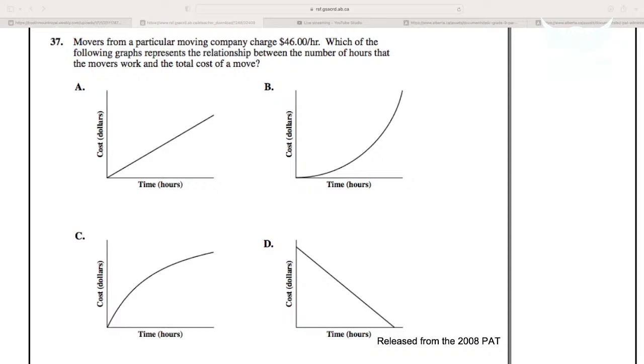The more they work, the more they make, and it's done at a constant rate of $46 per hour. So obviously this relationship should be linear. We have two such relationships, A and D, represented by a straight line. But it should be A, because the more they work, the more they earn, so our line should go up, not down. So the correct answer is A.